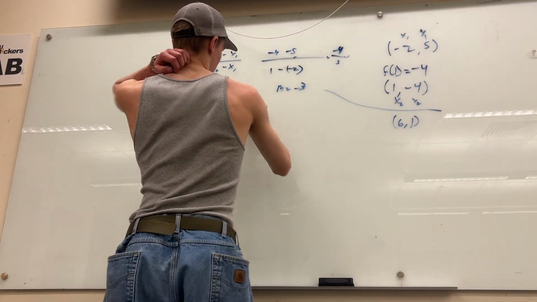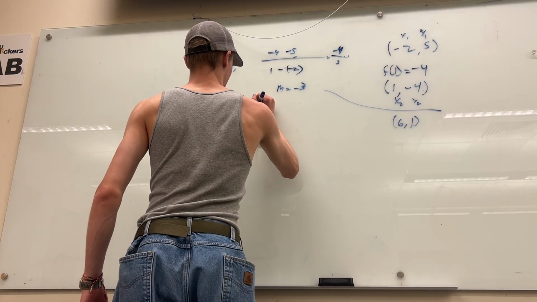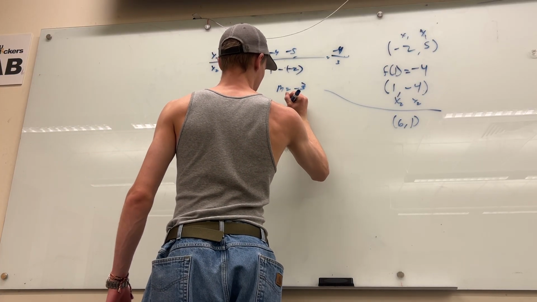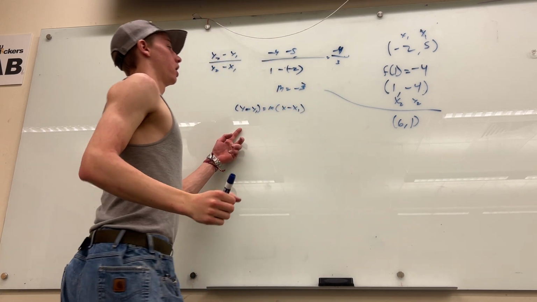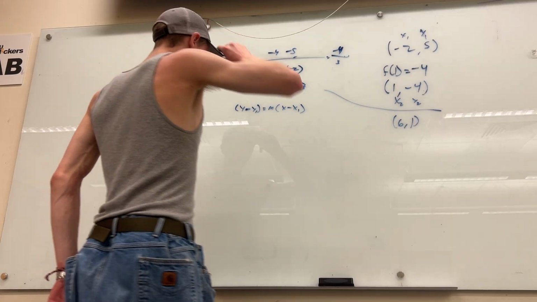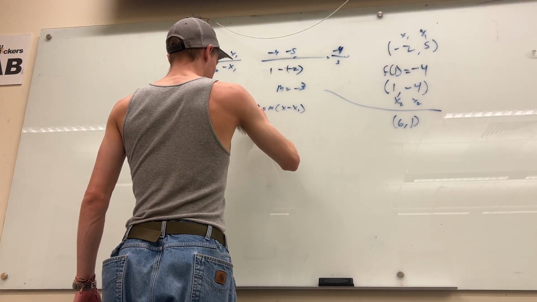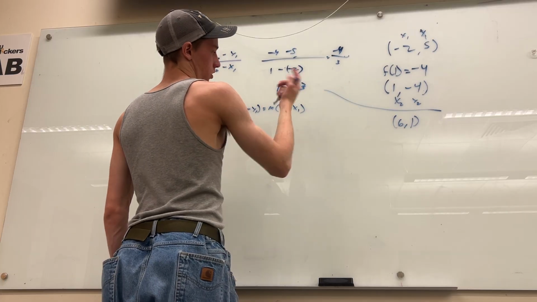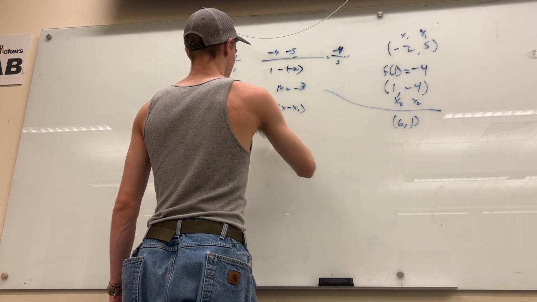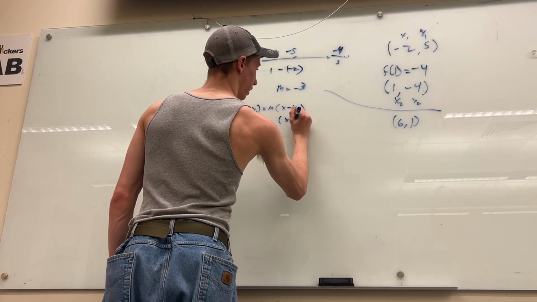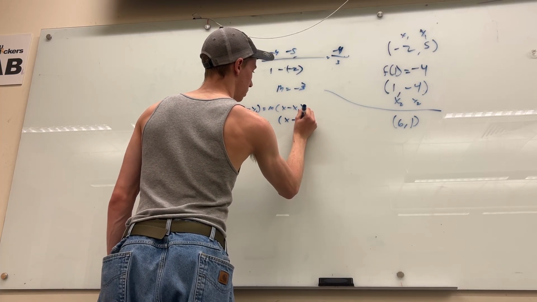So it's y minus y1 equals m times x minus x1. That is our point slope. So we've got y minus 1, with y1 being 1, and then x minus 6.